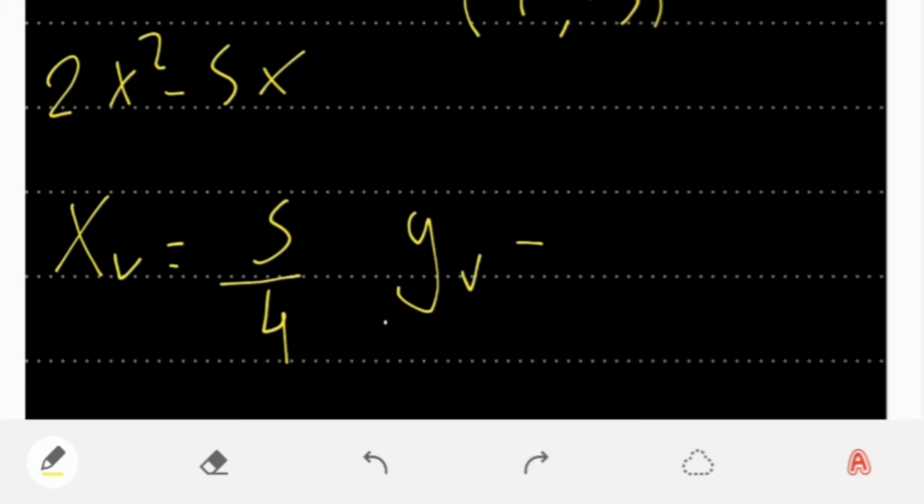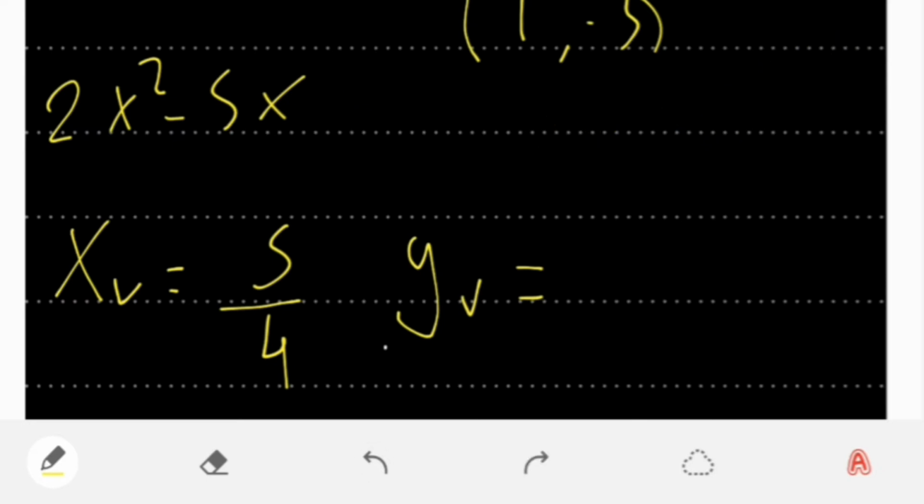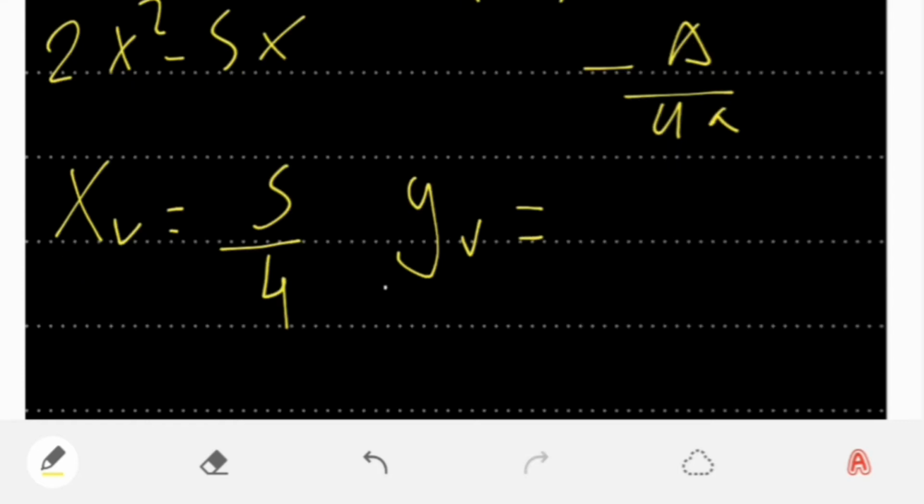Remembering that delta is b squared minus 4ac, but since c is 0, this part is out. So by using the formula minus delta divided by 4a, we have that the y of the vertex is negative 25 divided by 8.